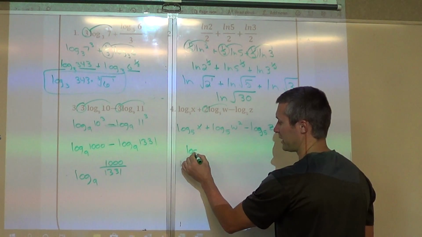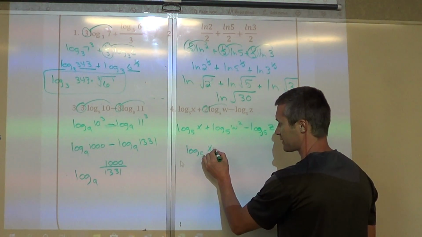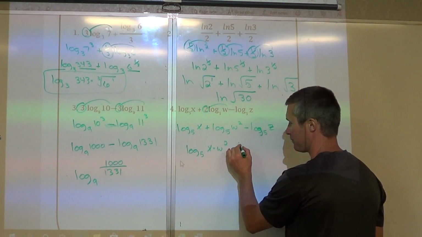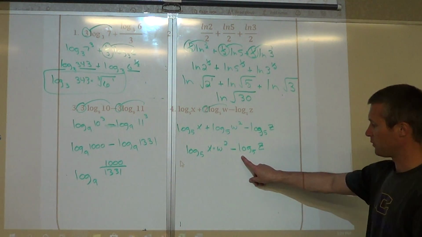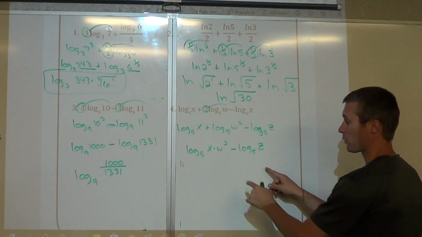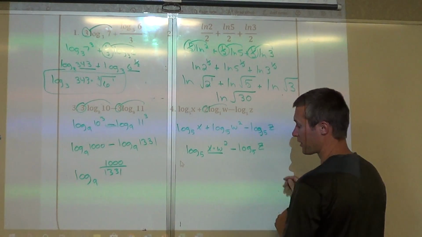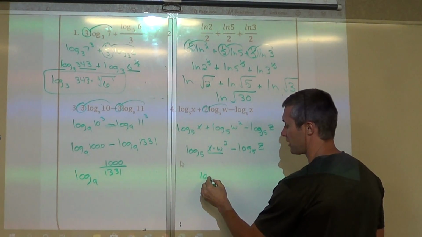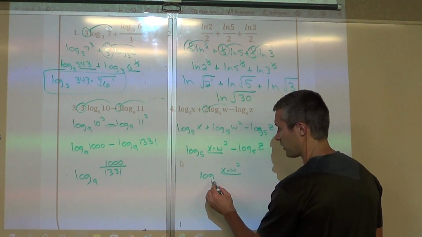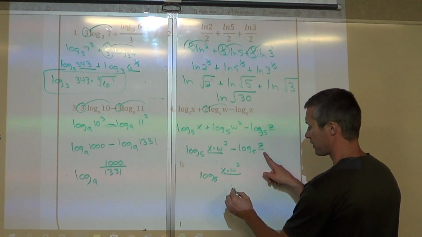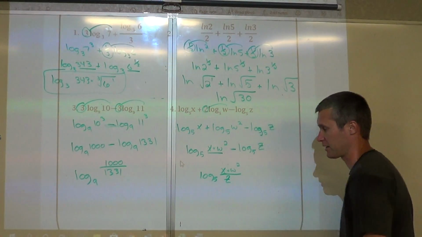So that would be log base 5 of x times w squared minus log base 5 of z. And then when I subtract, then I divide. Number on the left goes on top. So it would be log base 5 of x times w squared over z. And that's how I write it.